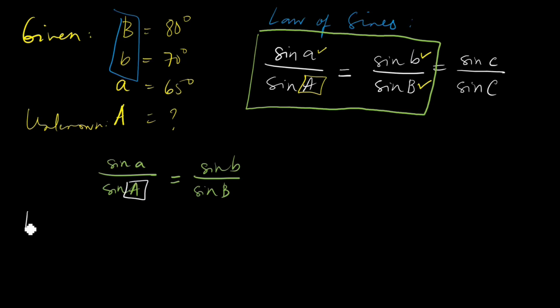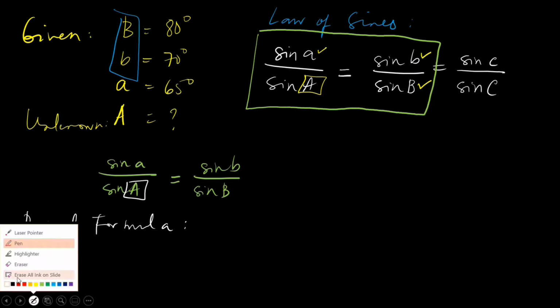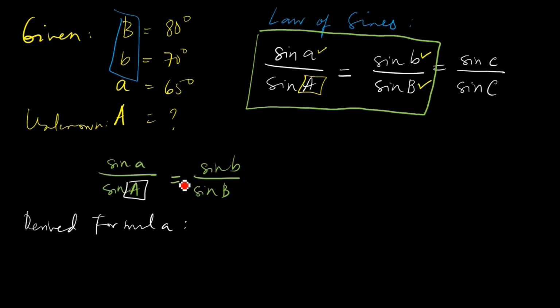So let us derive the formula. As you can see, we have an equation in which the left and the right are both fractions, so cross multiplication can be used, knowing that there is no addition or subtraction present.